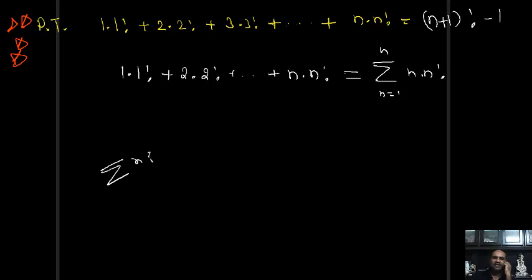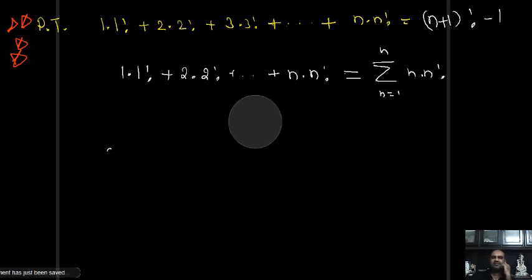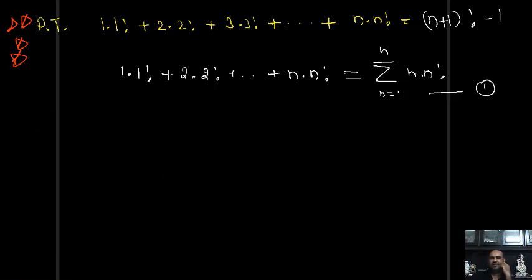Sigma of xi, where i equals 1 to 3, means x1 plus x2 plus x3, addition. That's why I will take this as result number 1. Now I want to simplify sigma n into n factorial. I can write n as (n plus 1 minus 1) into n factorial. Just what I did here, added 1, subtracted 1, no problem.